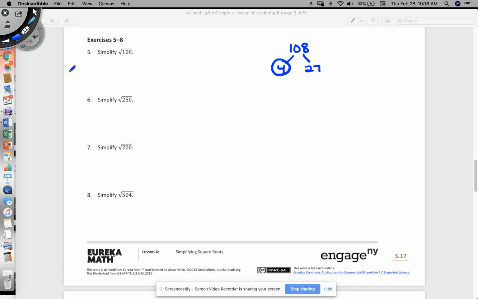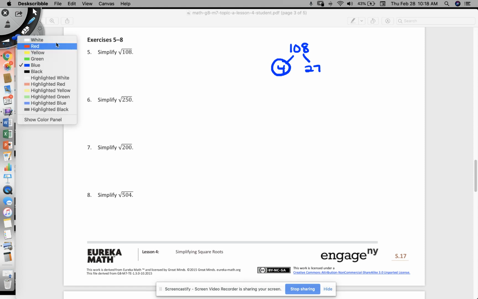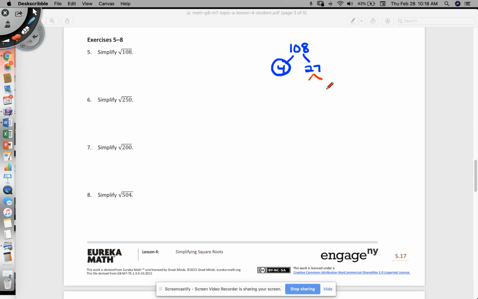That's definitely going to be one of the numbers inside the radical. But I also know 27 can be broken down, and it also contains a perfect square, which is 9. So I'm going to circle the 9, and then I'm going to circle the 3 because that's where it finished. These 3 numbers all go into the radical. So I'm going to do 4 times 9 times 3.